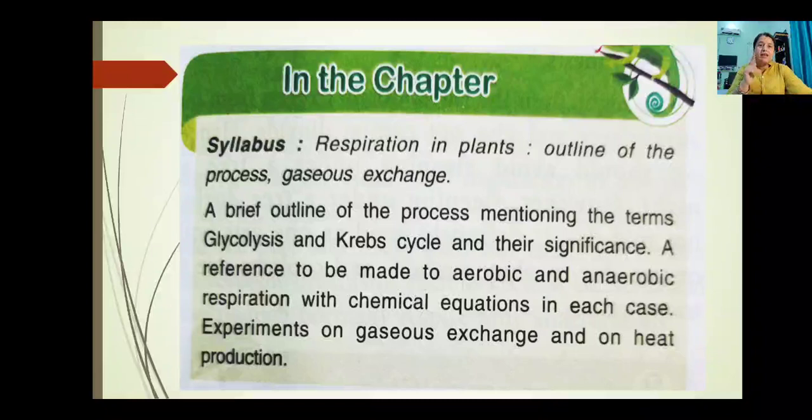According to your syllabus, we'll be learning respiration in plants and the outline of the process, the gaseous exchange, then also a brief outline of the process, mentioning the terms glycolysis, Krebs cycle and their significance. A reference is to be made to aerobic and anaerobic respiration with chemical equations in each case, and also the experiments on gaseous exchange and on heat production.